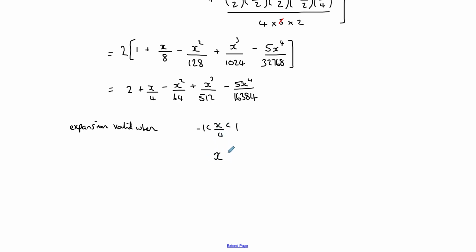It's going to be valid when x is between minus 4 and 4. Notice that you can write that in modulus notation, that the modulus of x needs to be less than 4.